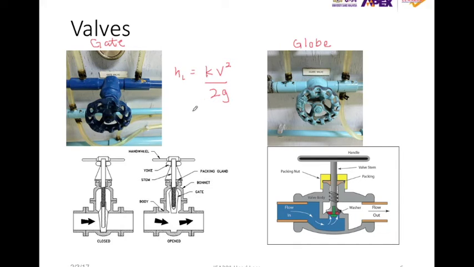Now, from the table given in the manual, there are a few K values provided, one for the globe valve and the other for the gate valve. For the globe valve, K equals 10 if it's fully open.